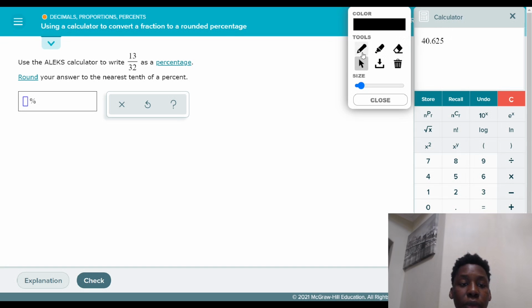We have to look at the number next to 6, which is 2, and ask ourselves if 2 is greater than or less than 5. We know 2 is less than 5, so there's nothing we can do to add 1 to 6. But if the 2 was 7, which is greater than 5, we'd be able to add 1 to 6.